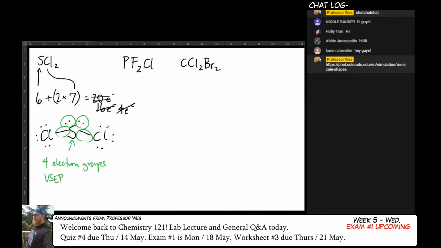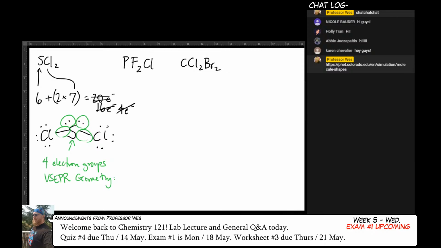So go ahead and type in the chat what the VSEPR geometry is for something with 4 electron groups. And I want to make sure that I am not picking ones that are in the list of ones that I gave you. And this one isn't.